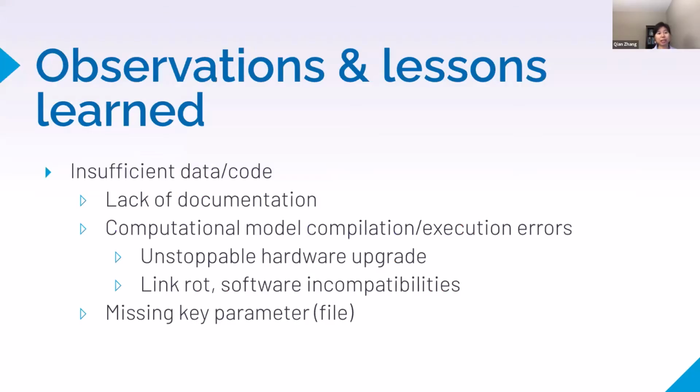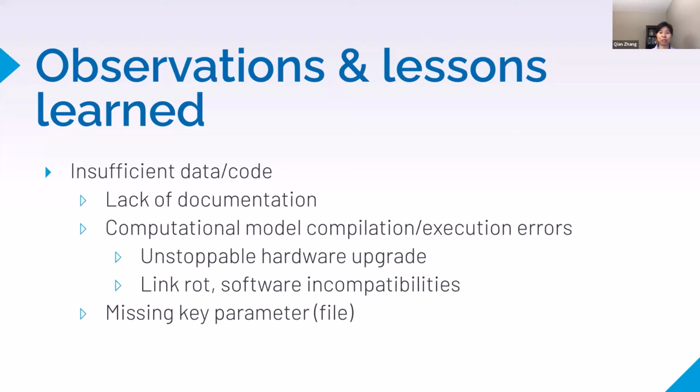So, some observations and lessons we have learned. Even though we are able to access some resources like the data, code and documentation, it's still not complete. It's insufficient when we come to the real execution or reproducibility activities. For example, as I mentioned earlier, we don't have access to the post-processing analysis scripts and the data associated with the figures in the previous slide.